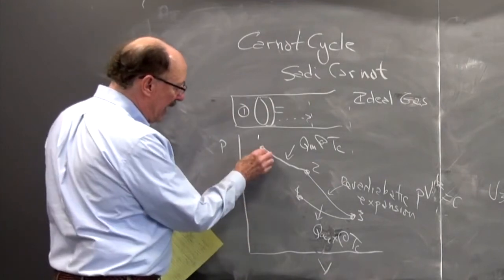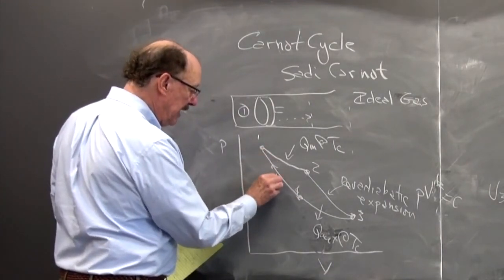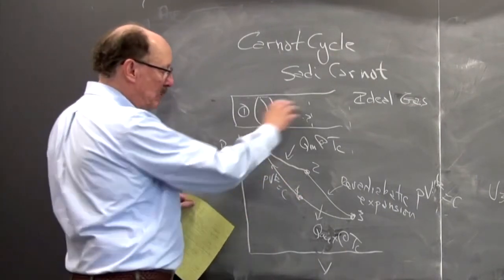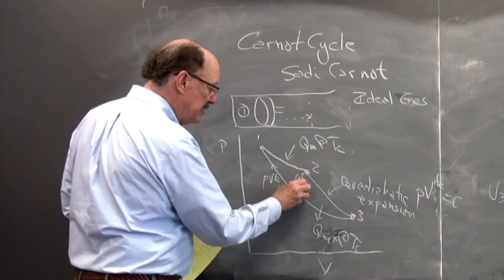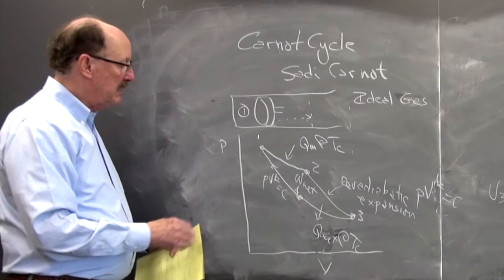And now we get back, we're going to have reversible adiabatic compression, PV to the k equal to a constant, from 4 to 1. So we now have a cycle where we put energy in, and this is W net.